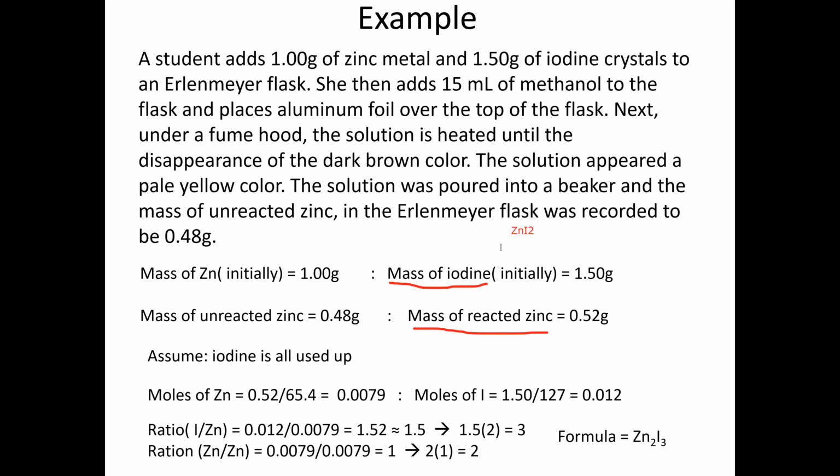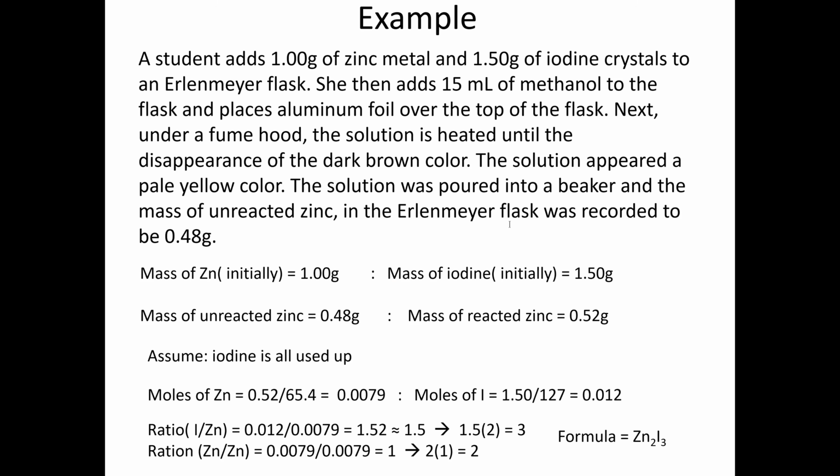That will usually be an indication that you had leftover iodine in your product. And so that can be one of your reasons for the error. But these are the steps you go through to calculate the formula of the product of zinc and iodine.